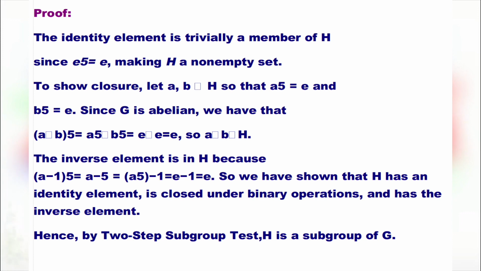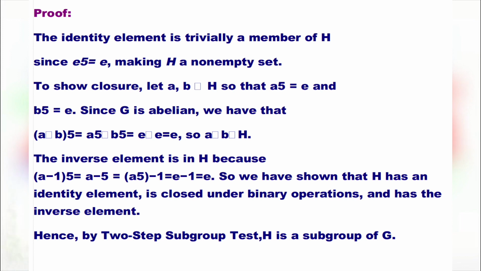To show closure, let a, b be elements of H so that a to the power 5 is equivalent to e and b to the power 5 is equivalent to e. Since G is abelian, we have that ab to the power 5 is equivalent to a to the power 5 into b to the power 5, which is equivalent to e into e, that is equivalent to e.